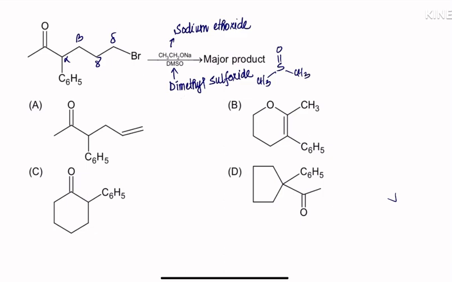Do you know dimethyl sulfoxide is a solvent? The solvent just accelerates the reaction. It has no such major role in this reaction, but yes, the base is the one that plays the major role in this case.